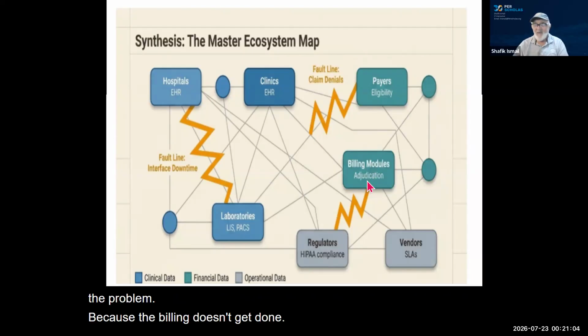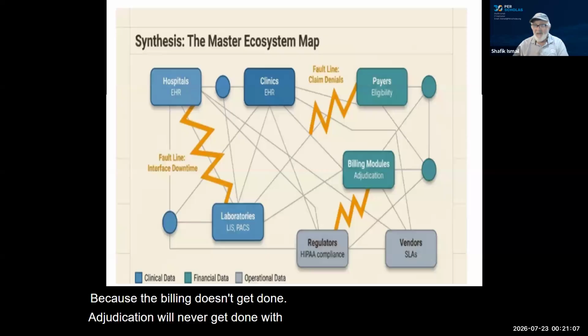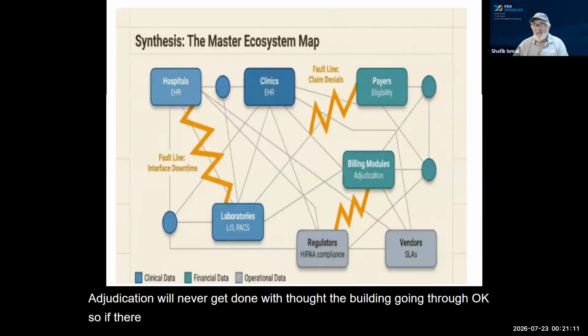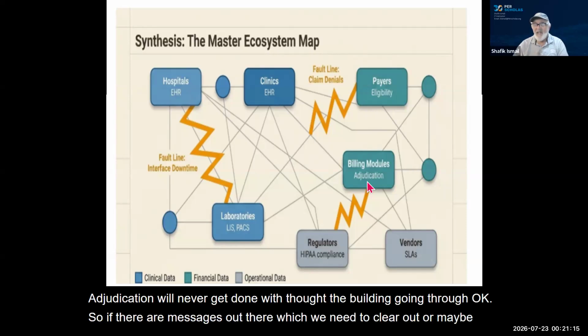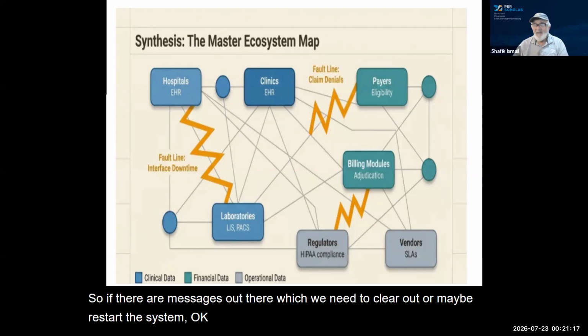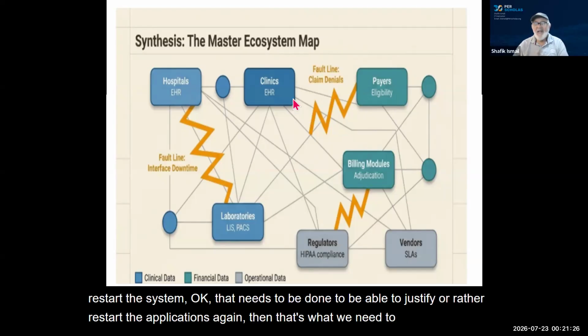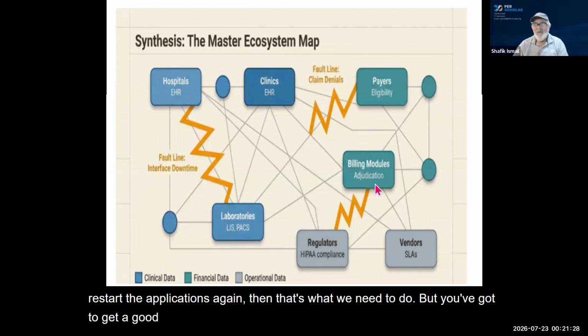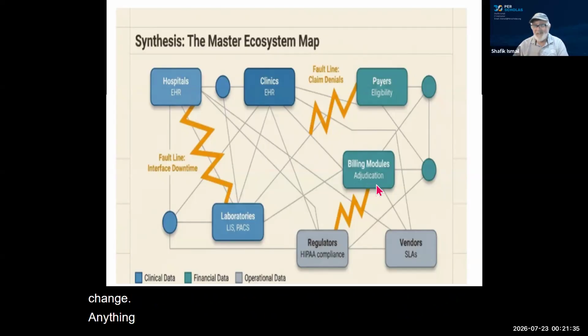Adjudication will never get done without the billing going through. So if there are messages out there which we need to clear out, or maybe restart the system, that needs to be done to restart the applications again, then that's what we need to do. But you've got to get a good idea of what's involved in it. You just can't willy-nilly go and change or stop anything, because the whole process will be stopped.